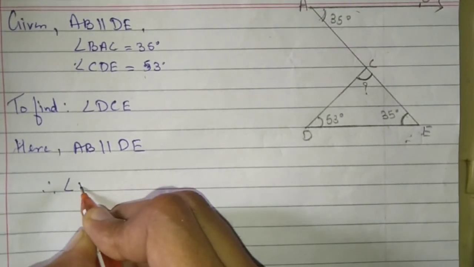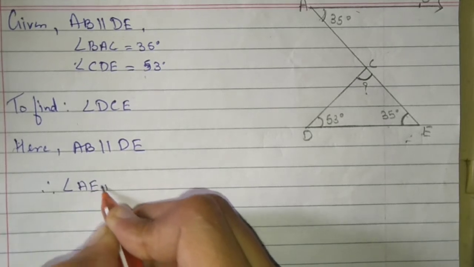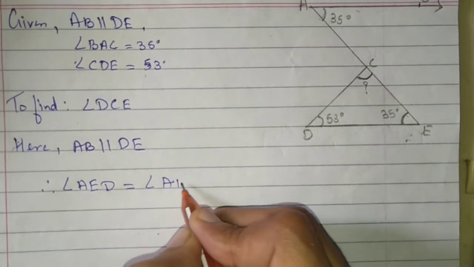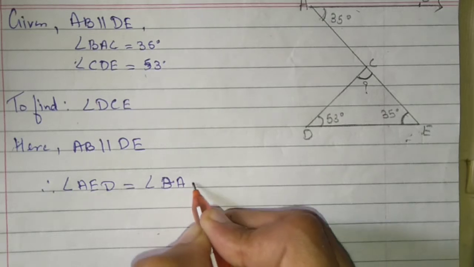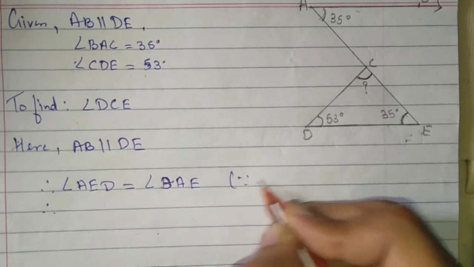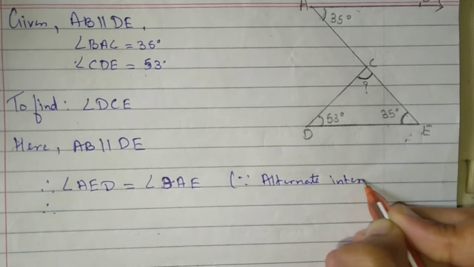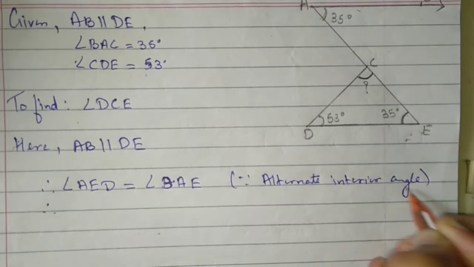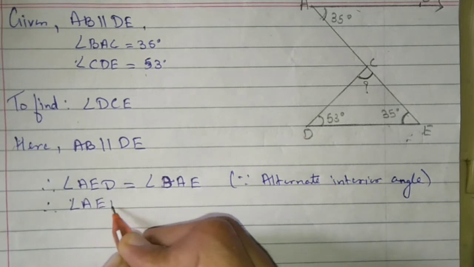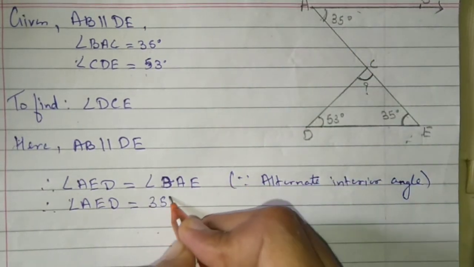Therefore, angle AED equal to angle BAE. The reason is alternate interior angles. Angle AED, which is equal to BAE, is 35 degree.